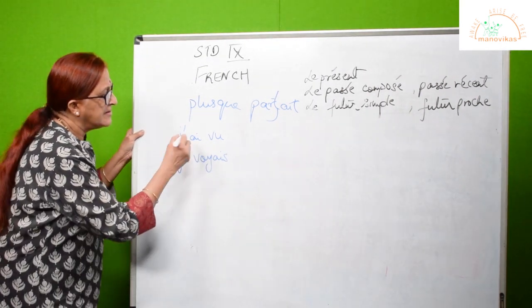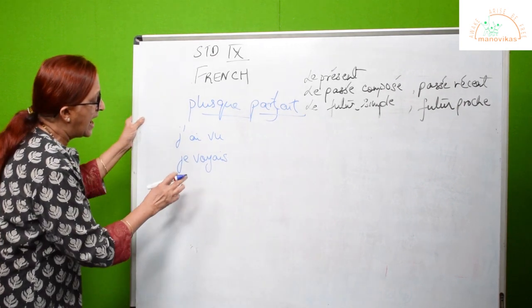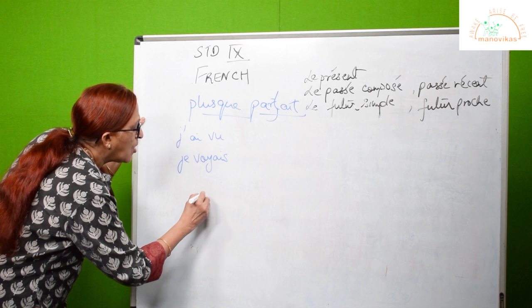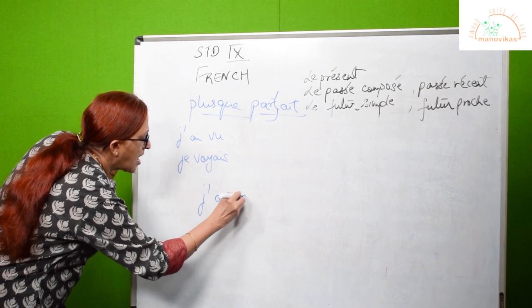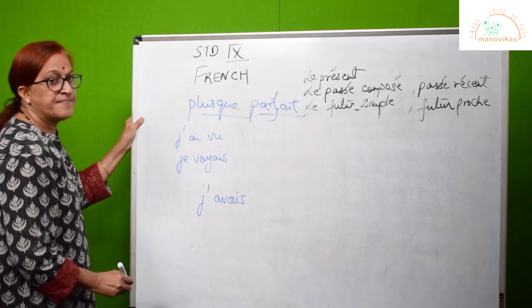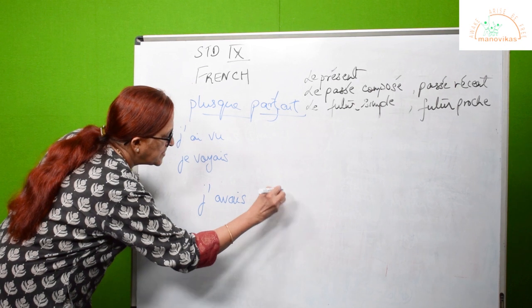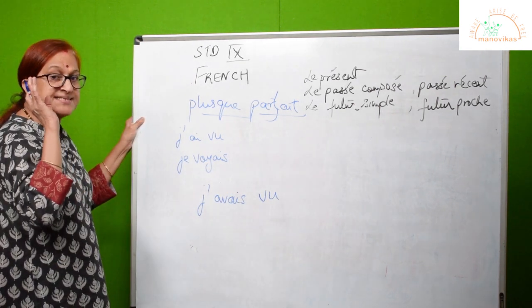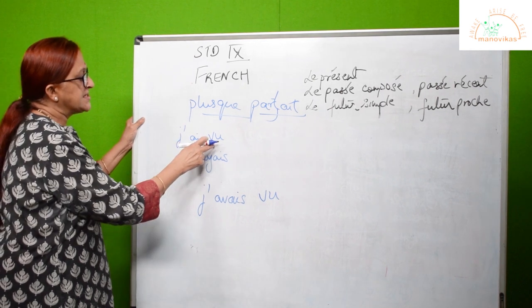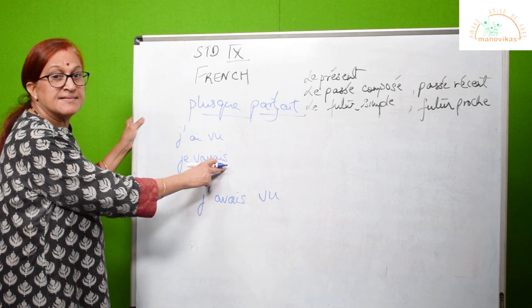And this is my plusquamperfect where I am using the imperfect of the auxiliary. J'avais. Avoir. The imperfect of avoir. J'avais vu means I had seen. Ten years back I had seen. J'ai vu: yesterday I saw. For one week I was seeing.